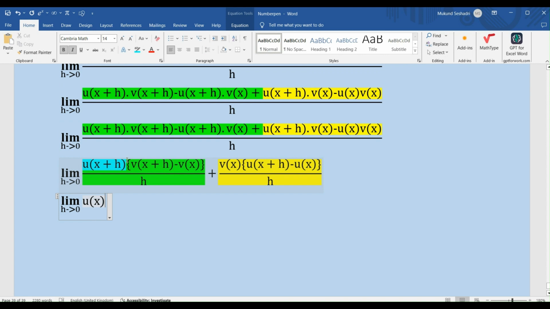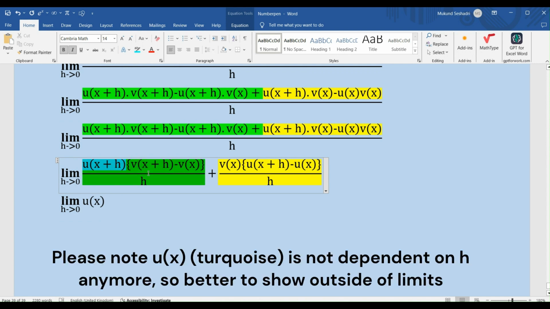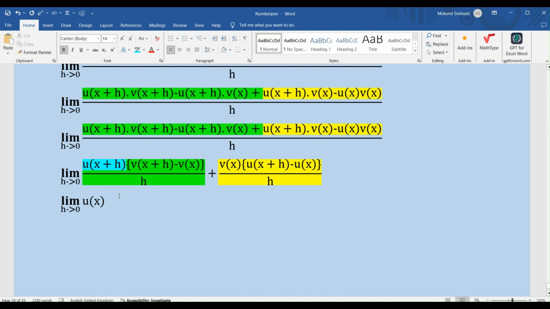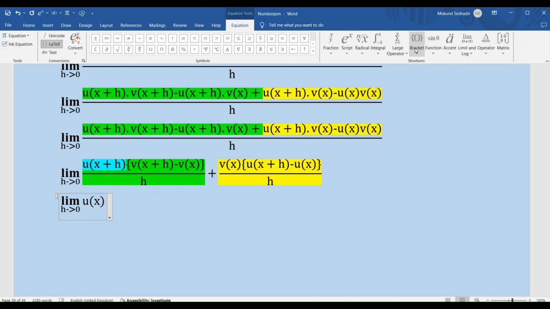And then if I combine this, v of x plus h minus v of x, right, I can open my big bracket.